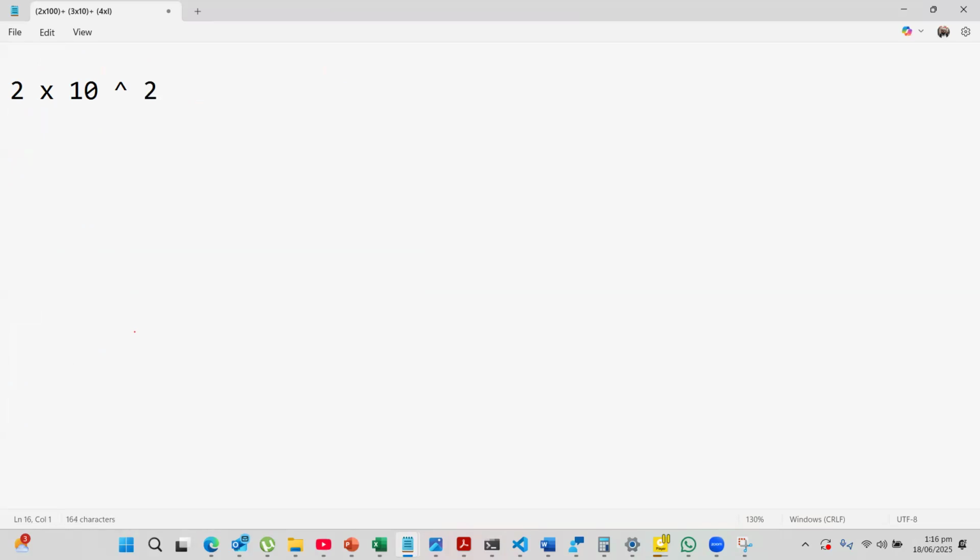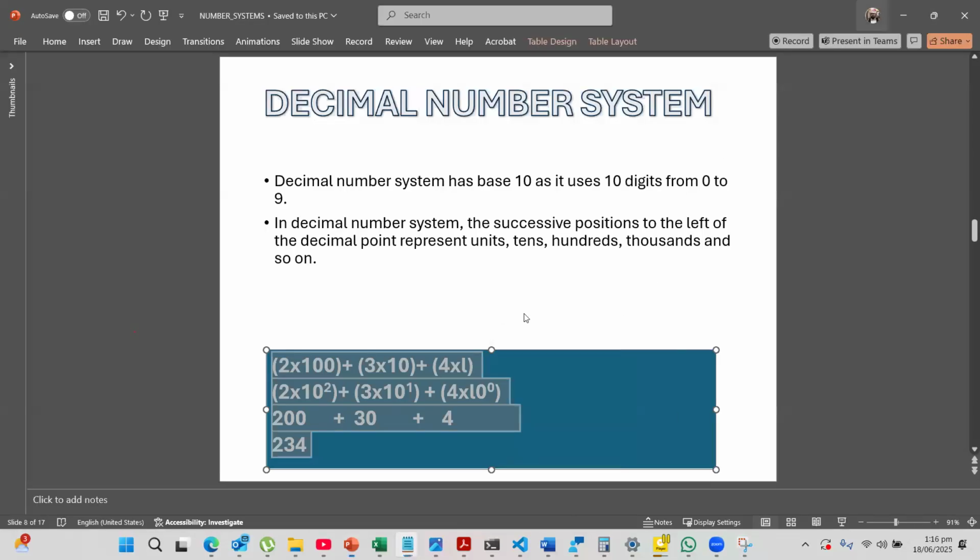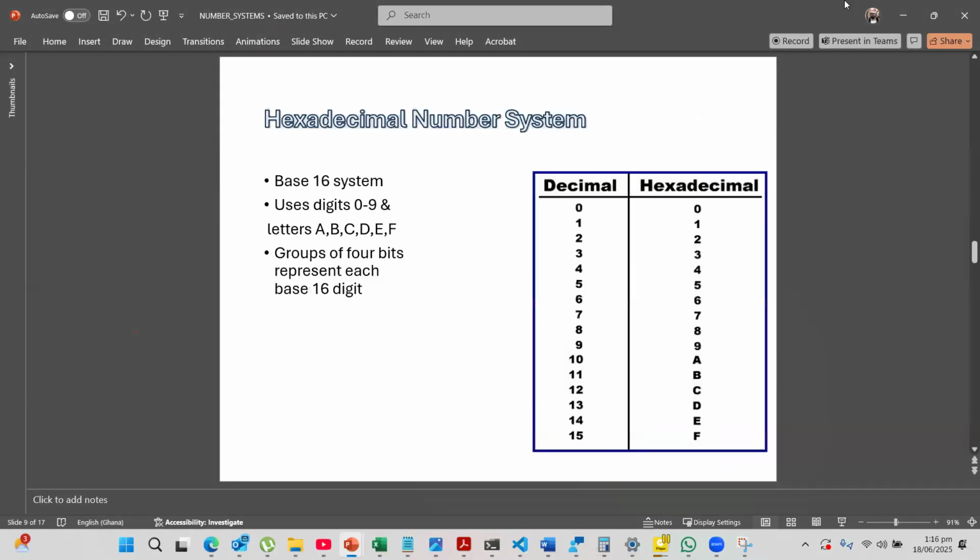And this would give me 2 times 100. So this is how you break down the various positional digits of the decimal numbering system. The same way we did for the twos.